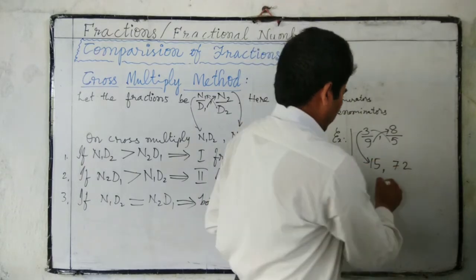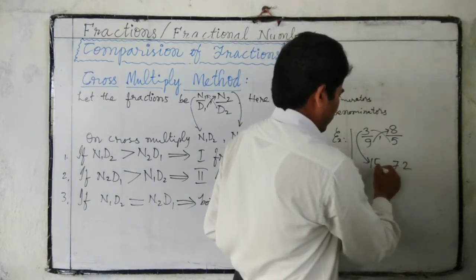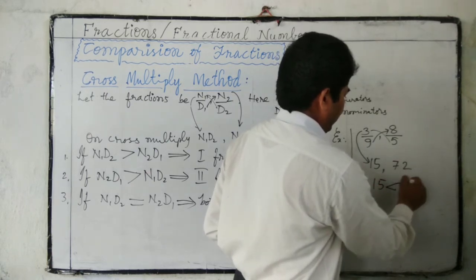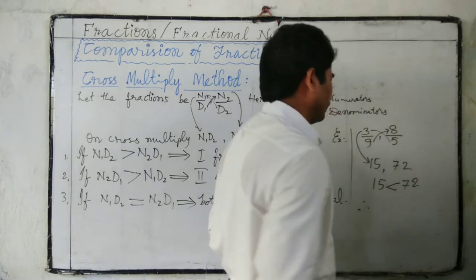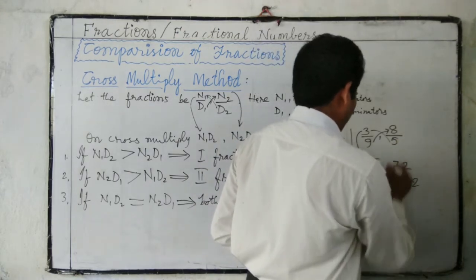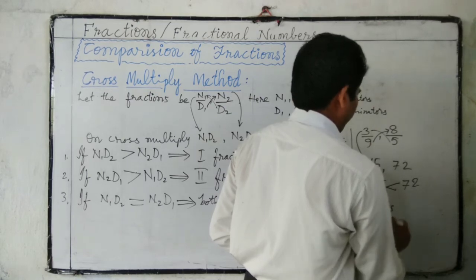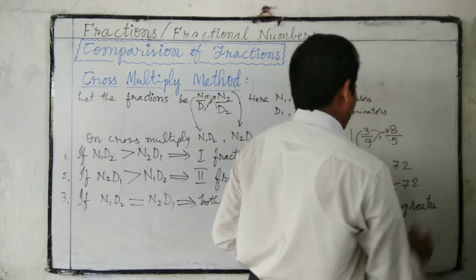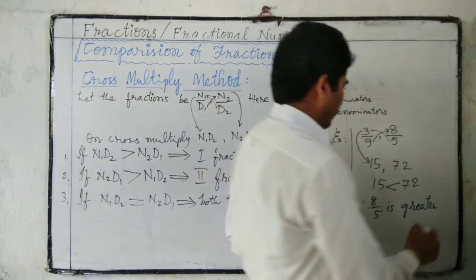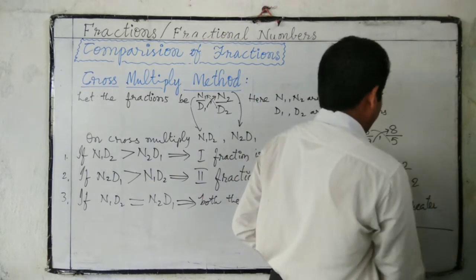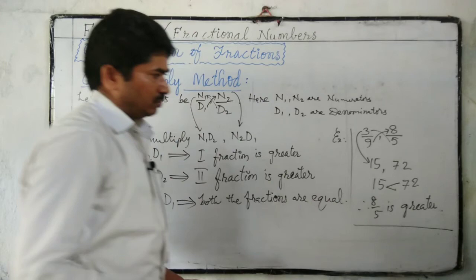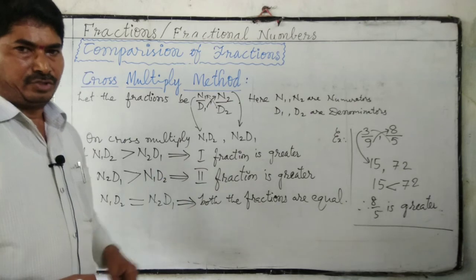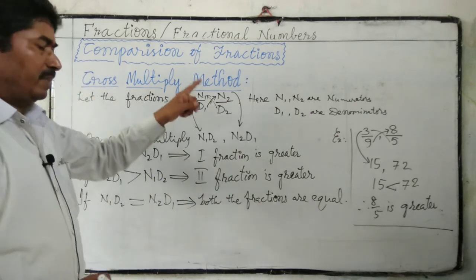So 72 is greater than 15. 15 is less than 72. Therefore, the second fraction, 8 by 5, is greater. 8 by 5 is greater than 3 by 9. So this is the method of comparing two fractions using the cross multiply method.